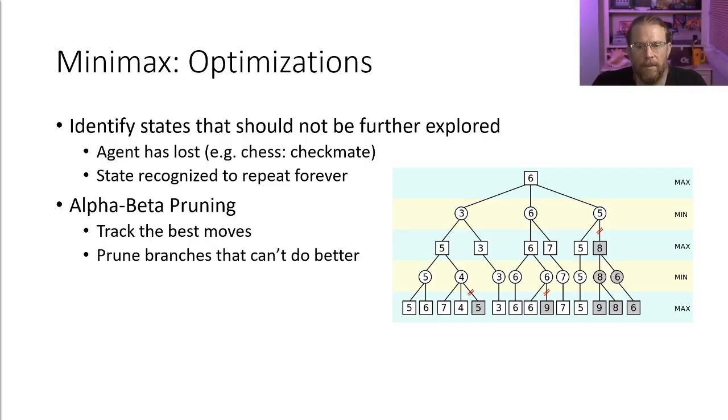So there are improvements we can make to the Minimax algorithm. We can, for instance, identify states where we shouldn't explore any further. Some of these are pretty straightforward, such as if the agent has lost, then you don't need to further expand moves. You terminate there.